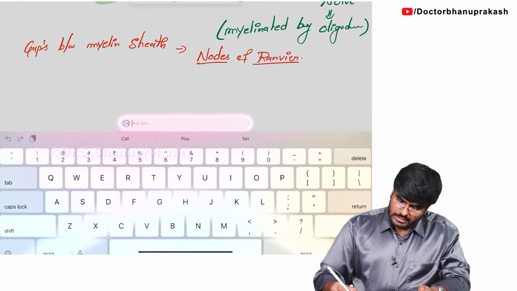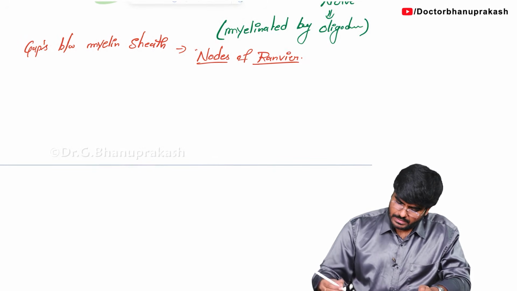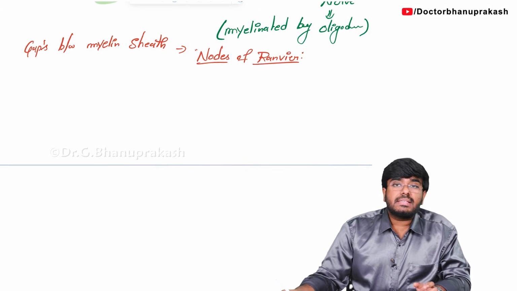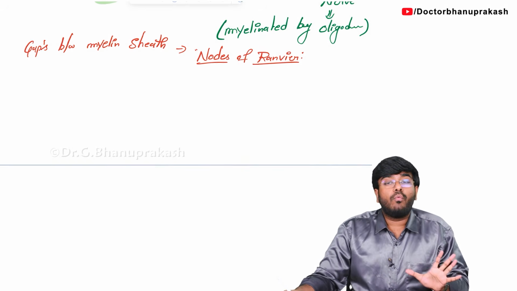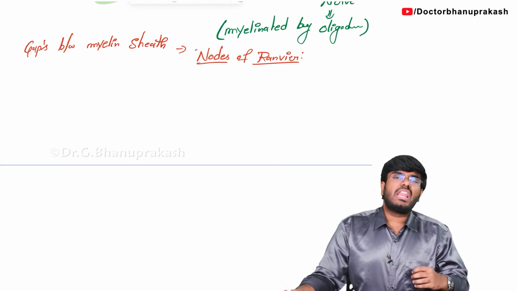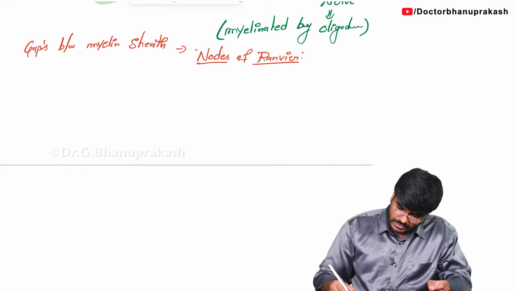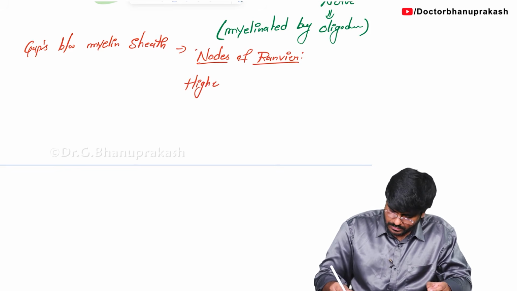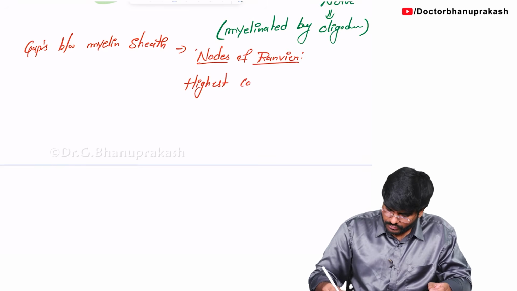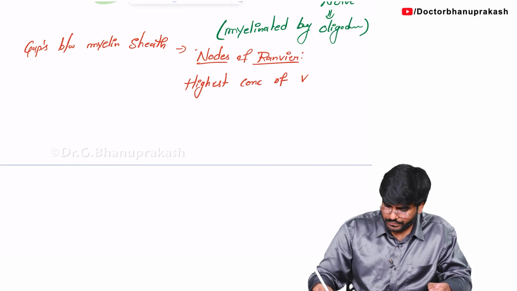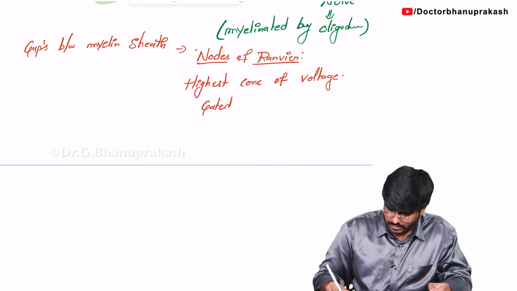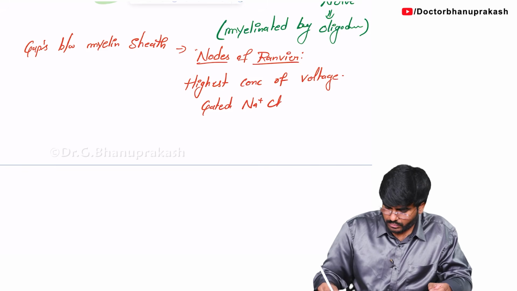The nodes of Ranvier are the places where a large number of voltage gated sodium channels are present, which favor the development of the action potentials. So in the nodes of Ranvier, there is going to be the highest concentration of voltage gated sodium channels.